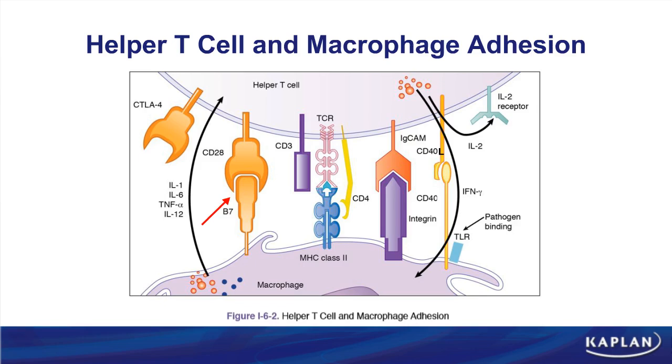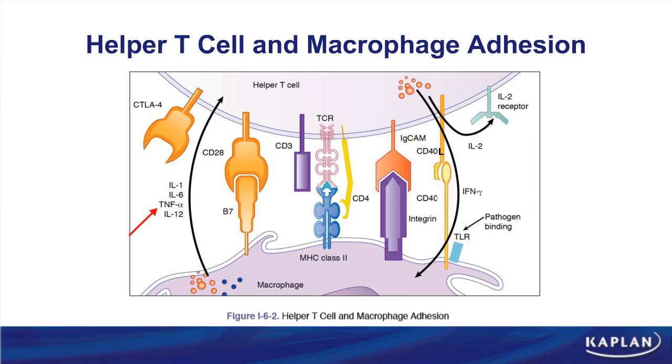Finally, we talked about our cytokines. And depending again on what the pathogen is, we're going to have some variation of the cytokines. But in general, you will always see IL-1, IL-6, and TNF-alpha. And in this case, we see the cytokine IL-12. Well, Dr. Moscatello has talked to you about IL-12 on multiple occasions with regards to the activation of natural killer cells.